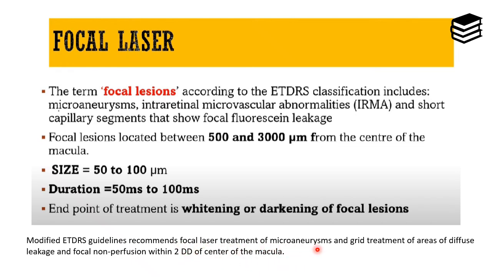Focal laser treatment can be given with these settings, and grid treatment of areas of diffuse leakage and focal non-perfusion may be given. These are the modified guidelines. They're not there in the conventional ETDRS guidelines. No laser is given to areas within 500 microns from the center of the macula. Again, this is also changed: mild gray burn according to modified ETDRS.